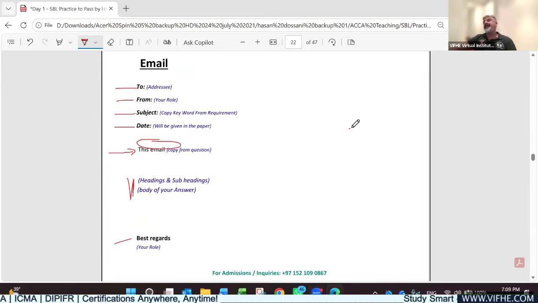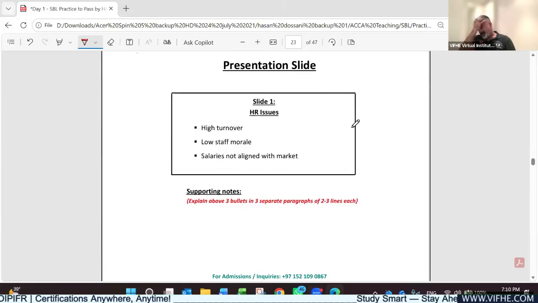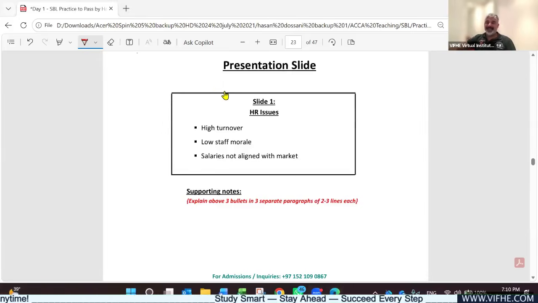Now, what else? Very important. Presentation slides. Guys, presentation slide is always there in your paper. So we have to know one task is always based on presentation slides.